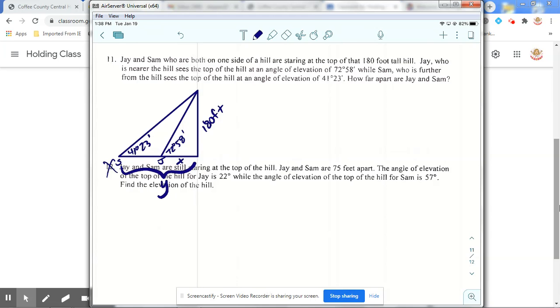All right, so for J, to find X, I'm going to do tangent of 72 degrees 58 minutes equals the opposite over the adjacent. Right, and then the variables down low, you're going to switch. Okay, and so in the calculator, you would get approximately 55.146.